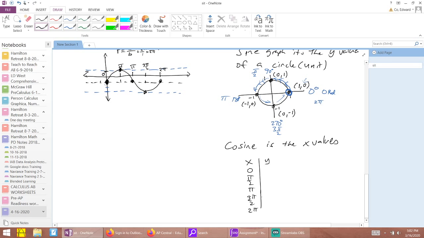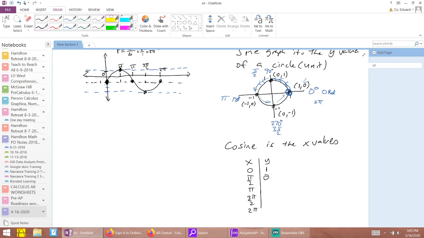What's the x value at 0 degrees? The x value is 1. What's the x value at pi over 2? The x value is 0.